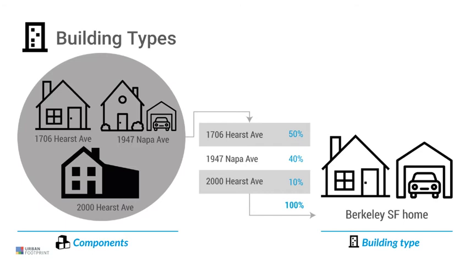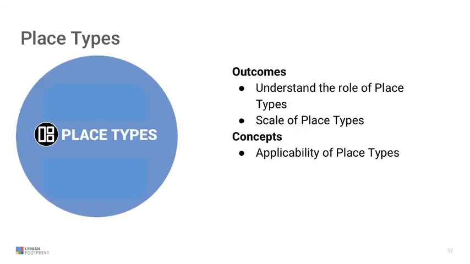So you can see that there's differences in densities, differences in parking allocation, differences in site coverage and lot coverage that are a part of the different components. And all of these differences are blended into a single building type that we've decided to use specifically for our project. And so it's labeled as Berkeley single family.